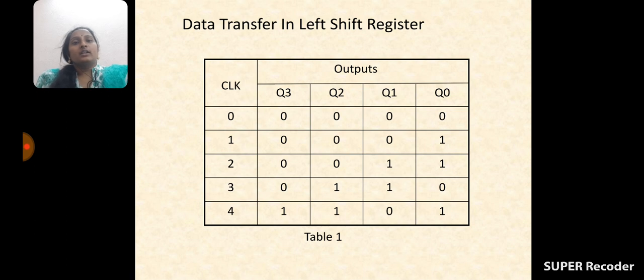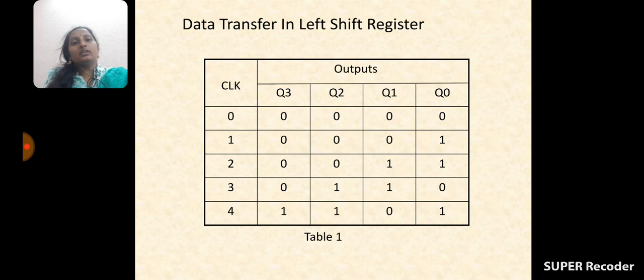And see here that the data transfer in the left shift register is Q0, Q1, Q2, Q3. For the first clock pulse, the output stored is 0, 0, 0, 0. For the second clock pulse, the output is 0, 0, 0, 1.